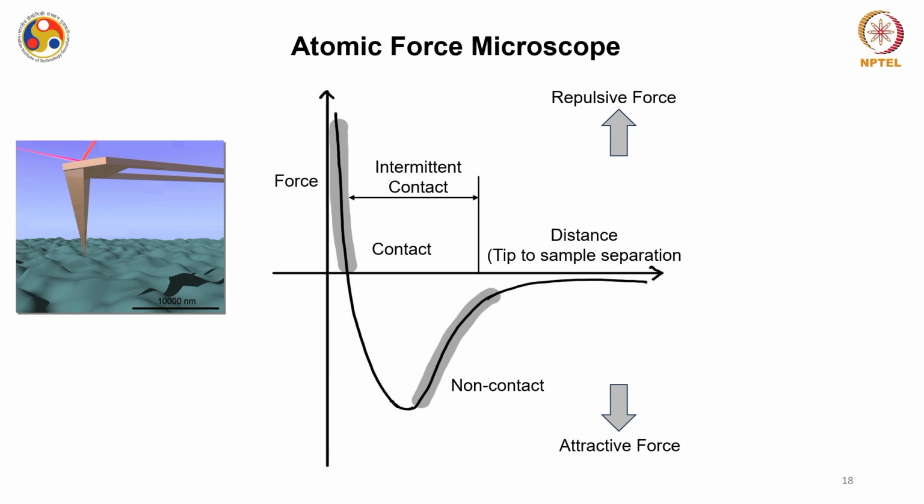So depending on how close this tip is to the surface, you can have different forces. Say this x-axis suggests the tip to sample separation distance r, and this y-axis is force F. When it was very far, and you bring it near to the surface of the sample, you have these attractive forces.